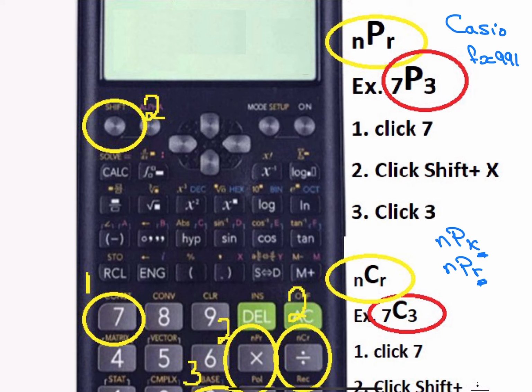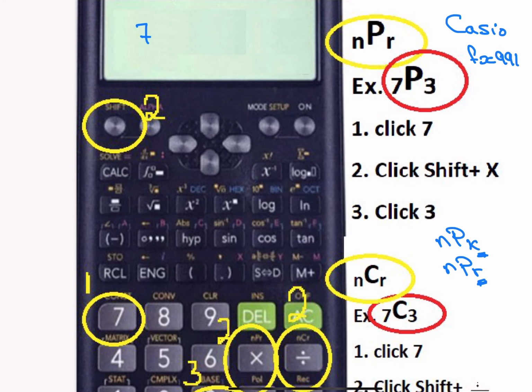So here what we'll do, first we have to write this number on the calculator. So we click on 7, this is number 1, and then you choose the NPR here, shift and multiplication sign. Then you'll click 3. So once you click 7, it will write 7.